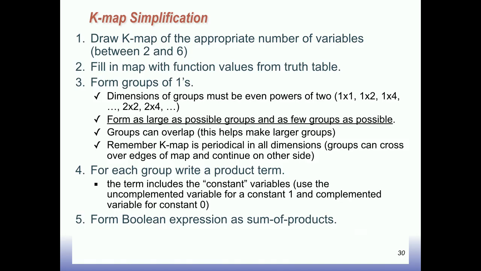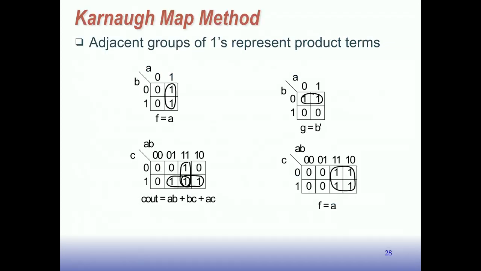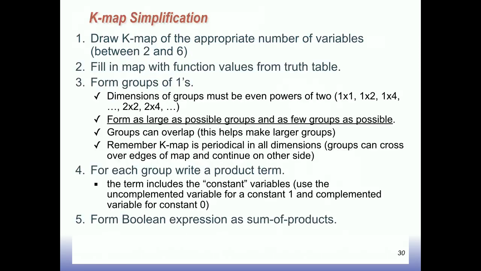Okay. Oh, you have to remember, the K-map is periodic in all dimensions. It has periodic boundary conditions. So if we look for adjacent, going back here again, this edge is adjacent to this edge. So this kind of map wraps around like this, and this map kind of wraps around in both dimensions. We'll see more of that in a few minutes.